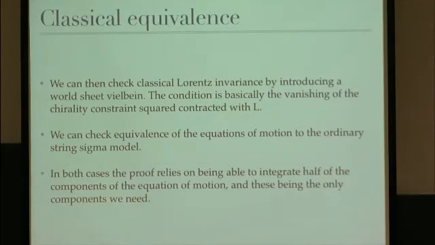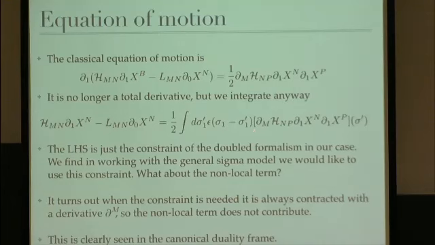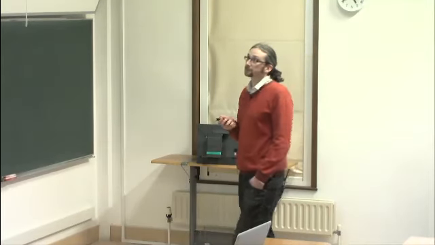Or you can see that very easily in the canonical duality frame, where you can see that you will have a d tilde derivative on one of the terms, and because nothing depends on d tilde there, then it has to vanish.